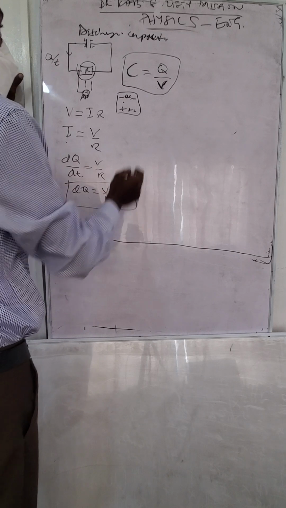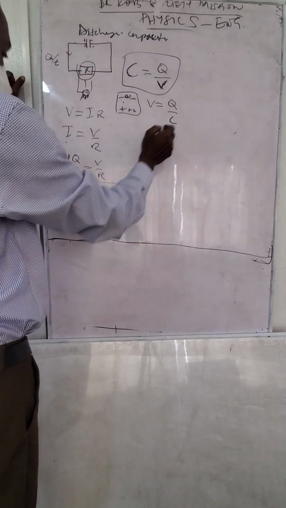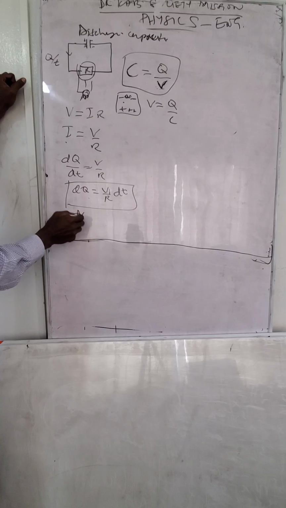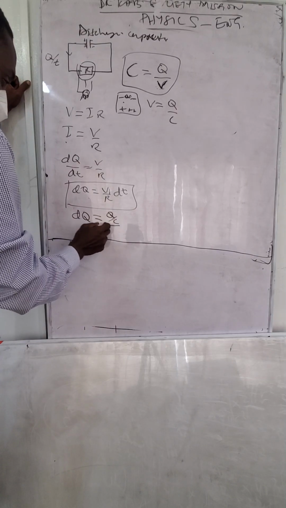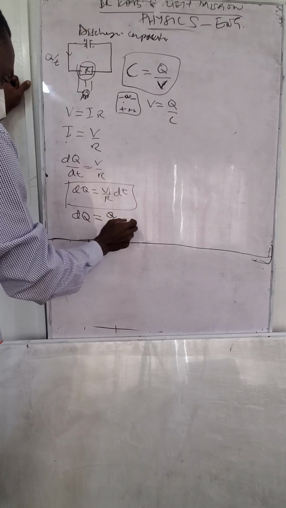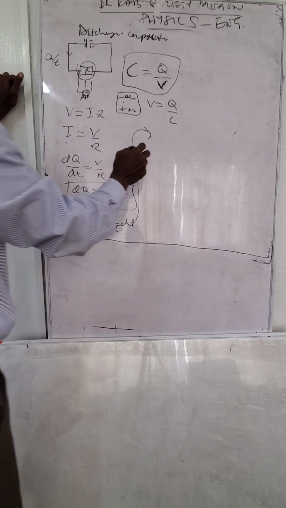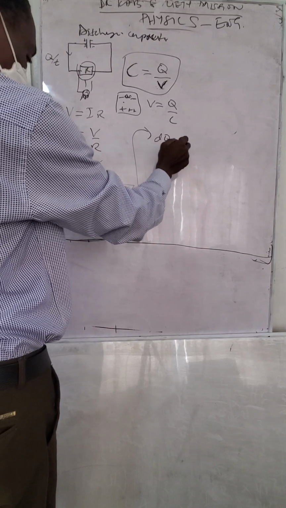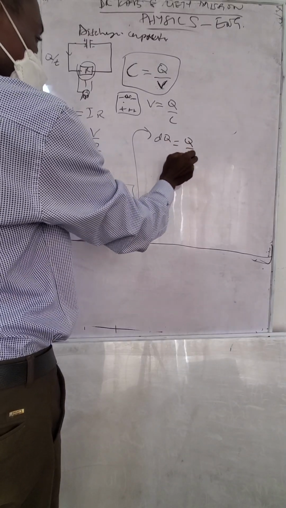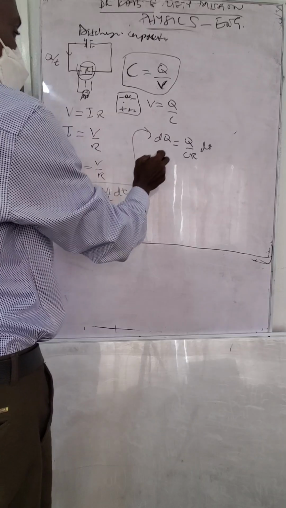So in this case, if you substitute for V, where V is equal to Q over C, and you put that here, we're going to have Q over C over R dt. And this is what is going to give us dQ is equal to Q over CR dt. So let's bring Q here.